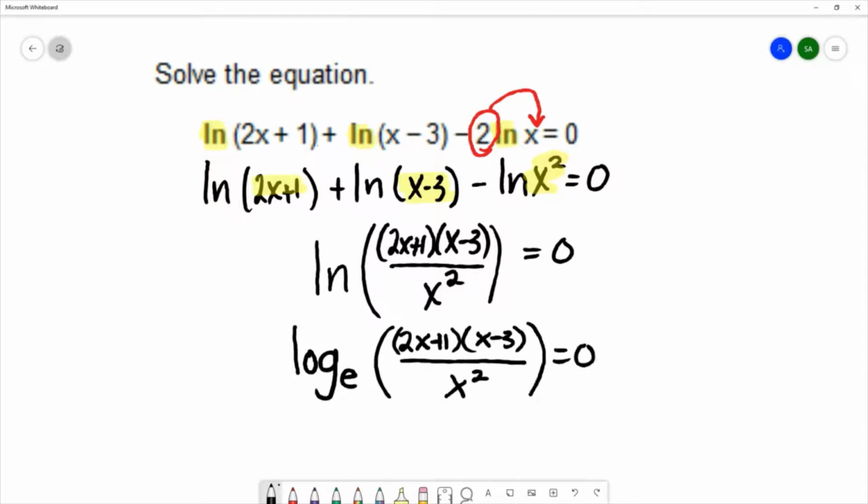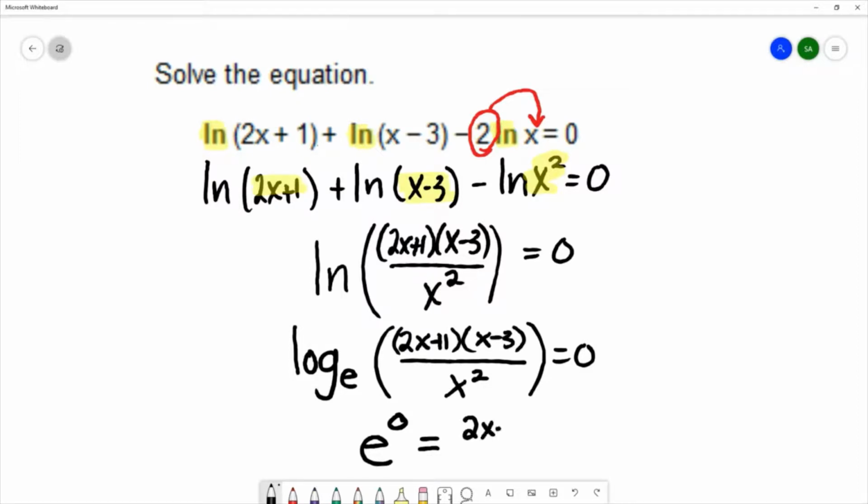So using the definition of a logarithm, I can write this as an exponential equation. I would use base e, the power of 0, equals the expression inside of the log.